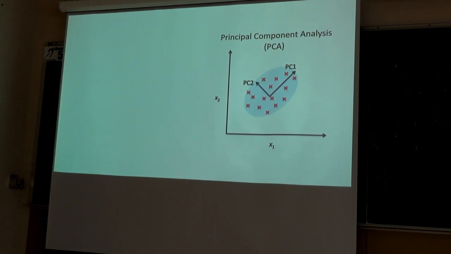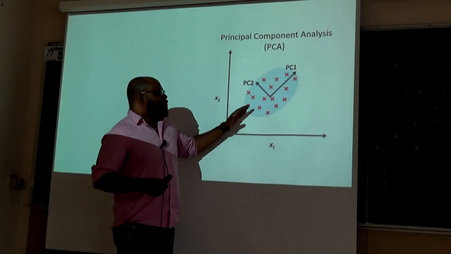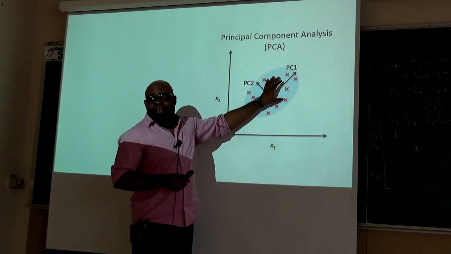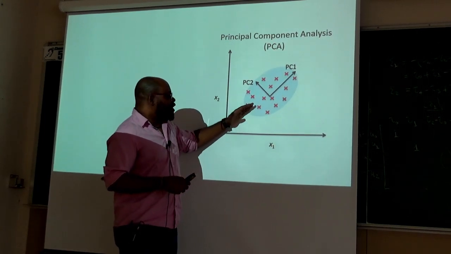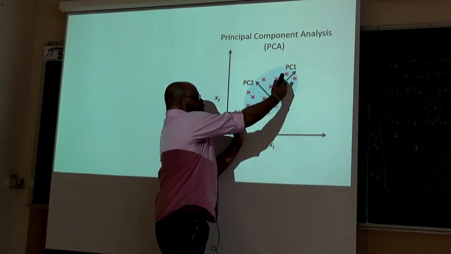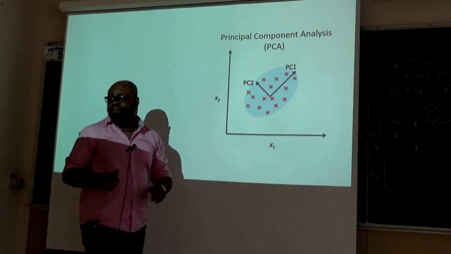There is a technique called principal component analysis. How many of you know what principal component analysis is? Mostly everybody. So the idea is, you have a data set and you're looking for the directions in which variance is maximized. In other words, if you were to project the data onto this direction, you would get a good chunk of the variance in the data.